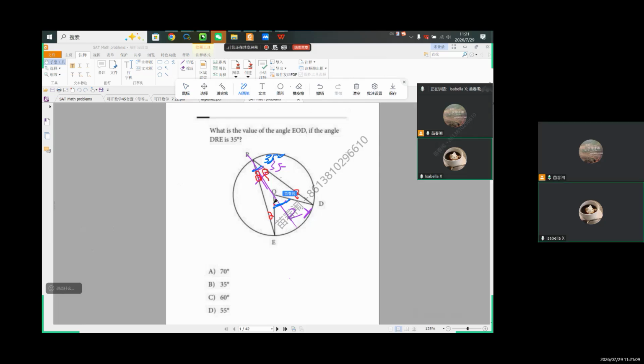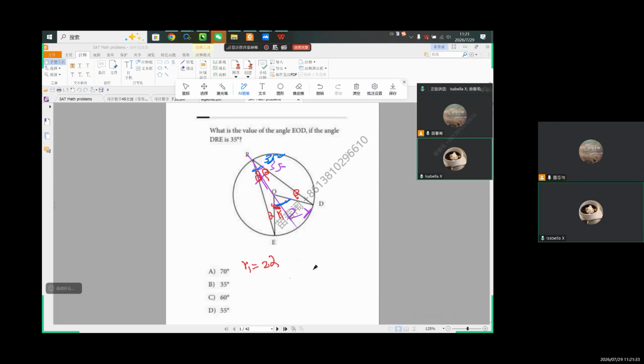So as this is an external angle, let's say this angle is gamma 1. Since it's an external angle, it's going to be 2 alpha. How do you prove this?